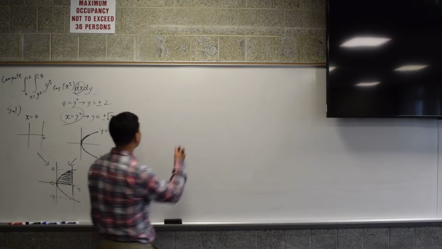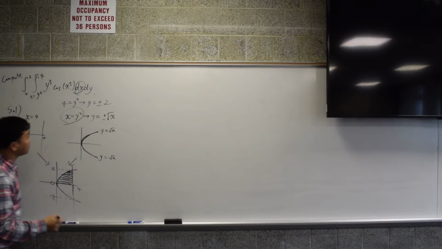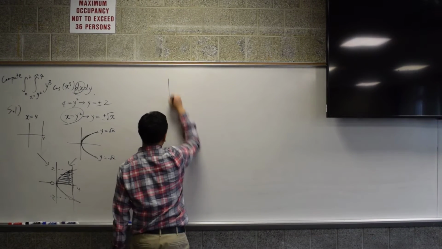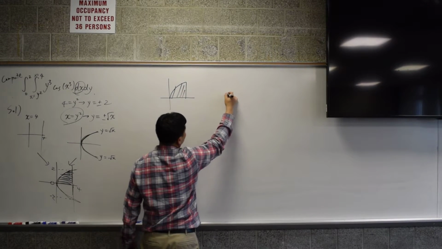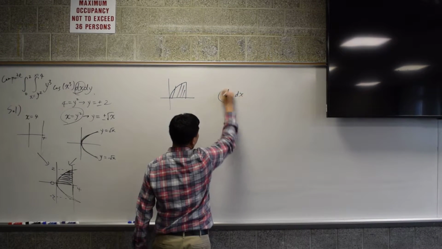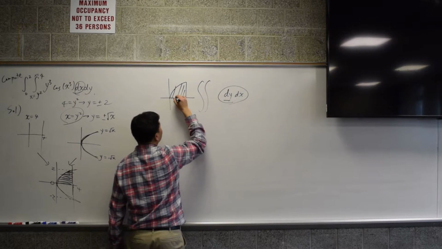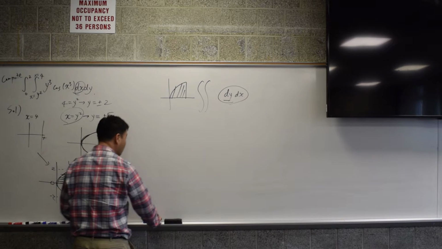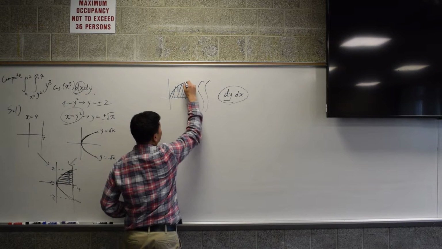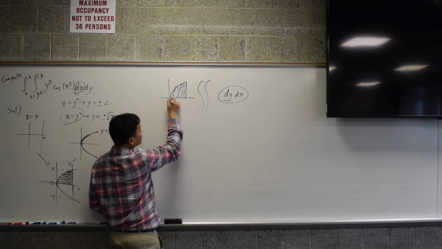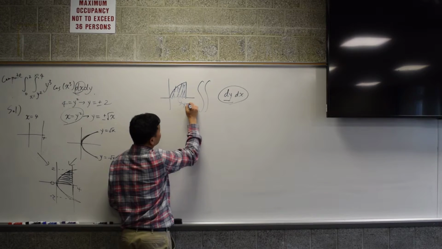Now we have to go to dy dx. So let's try to think about expressing this domain using dy dx. If you use dy dx, you're trying to paint upwards, so you're trying to go like that. So where do you begin? 0. Here. What's the equation? y equal to 0.